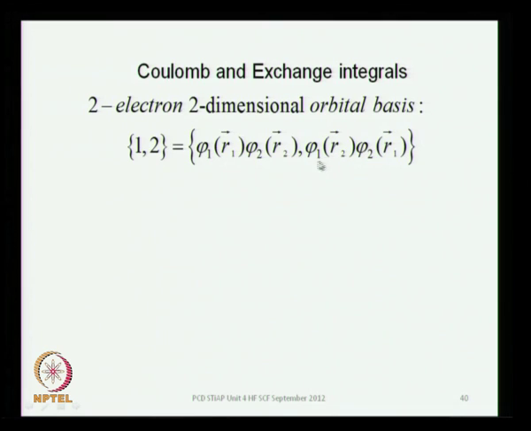Okay. So, this is the measure of the probability amplitude of the electron at coordinate R2 to be in the quantum state phi 1. Likewise, this is the probability amplitude that an electron at coordinate r1 is in the quantum state 2. So, these are base functions.